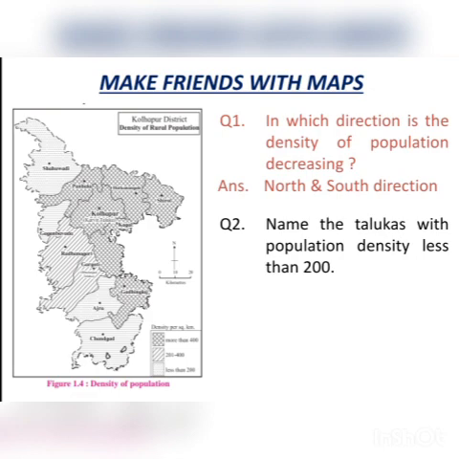This shade in the map we can see at 4 places. I'll name one by one. First is Shahuwadi, second Gaganbawda, third Ajra, and last Chandgad.